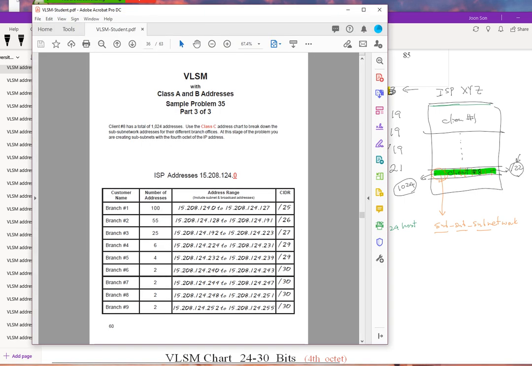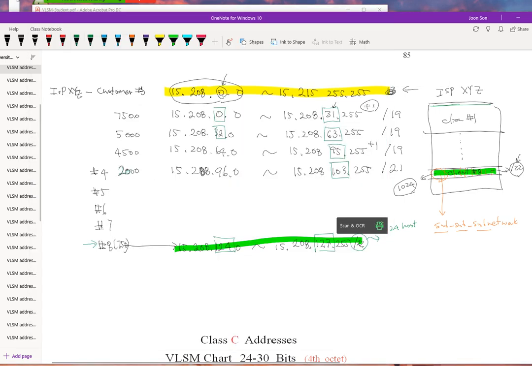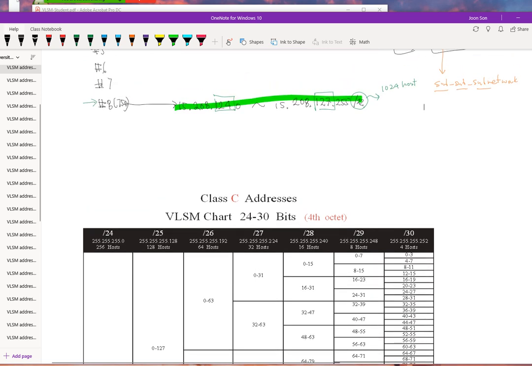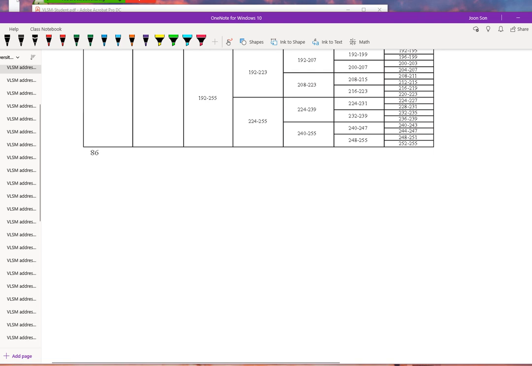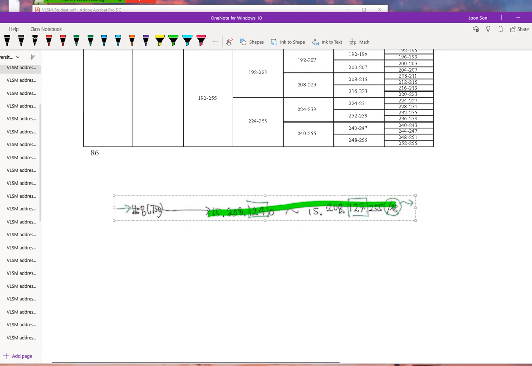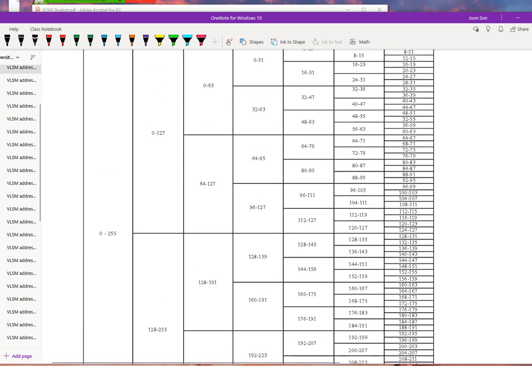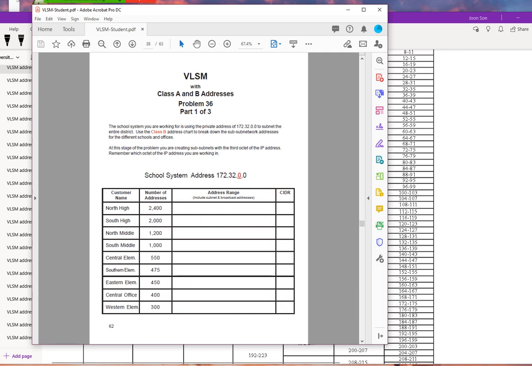So what is given, right? This is our starting point, client number 8. And then the first requirement is North High.